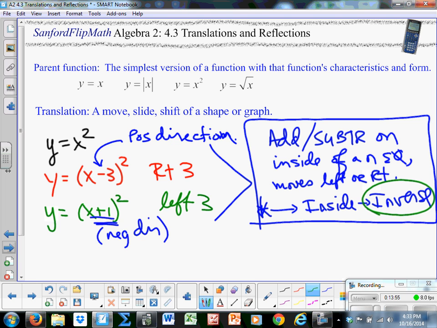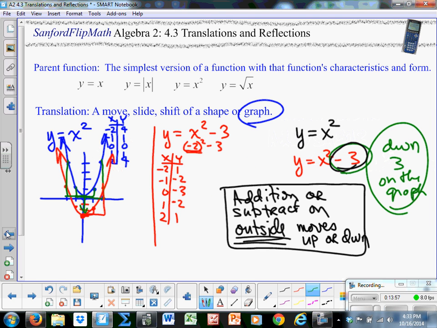Okay, so quick recap of what we've done. Addition or subtraction on the outside moves it up or down, and you do what it says. In other words, if it's positive, you go up. If it's negative, go down.